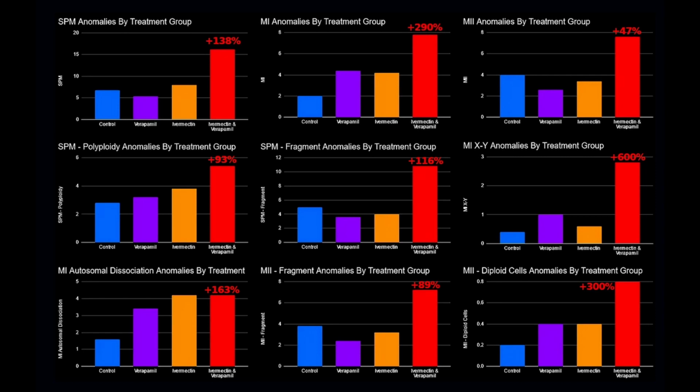SPM anomalies plus 138%, MI anomalies plus 290%, MII anomalies plus 47%, SPM polyploidy anomalies plus 93%, SPM fragment anomalies plus 116%, MIXY anomalies plus 600%, MI autosomal dissociation anomalies plus 163%, MII fragment anomalies plus 89%, and MI diploid cells anomalies plus 300%. And this is really important because a lot of people are pushing over-the-counter potent PGP inhibitors.